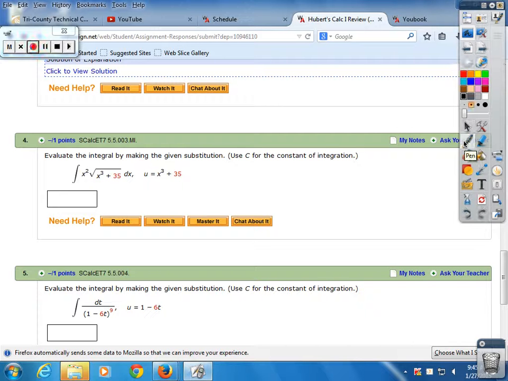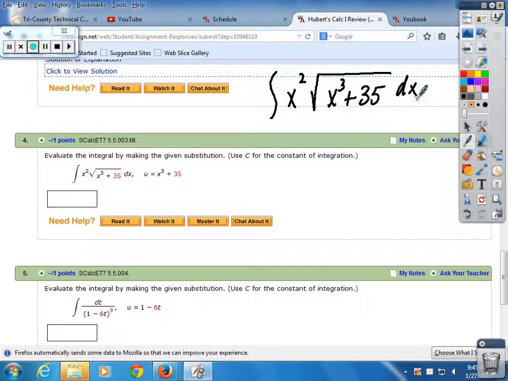Yep, this is the absolute value. Oh gosh, this is one that we did a while ago. May not have enough time to do it. x squared times the square root of x cubed plus 35 dx. Well, they're giving you a hint, but we were going to make u equal that anyway. So it's not going to be that bad.